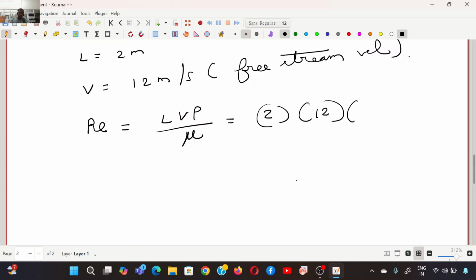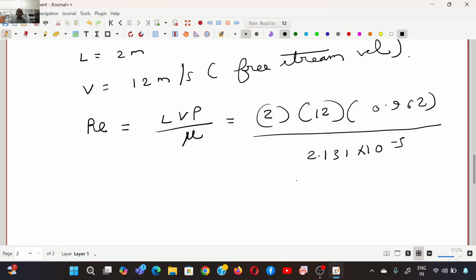What is rho? 0.962, no? Mu 2.131 into 10 to the power minus 5. So if you calculate this, it will come to around 1.083 into 10 to the power 6.